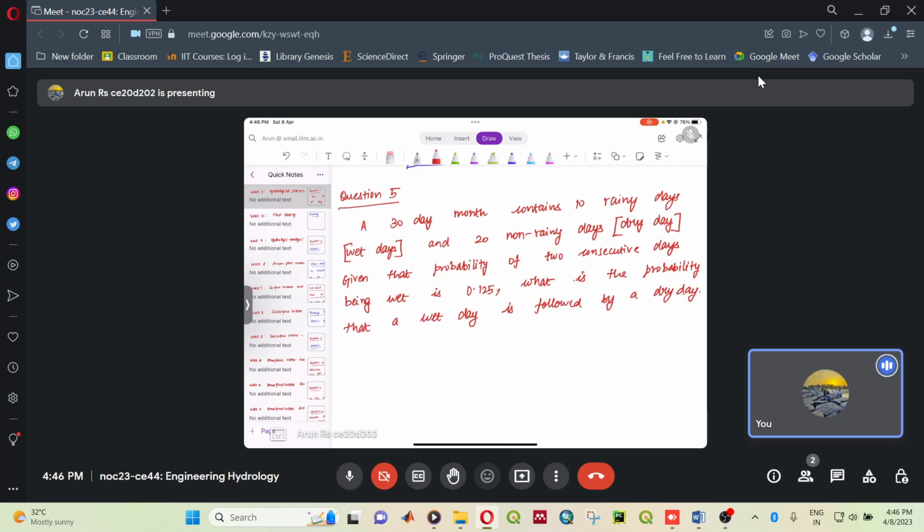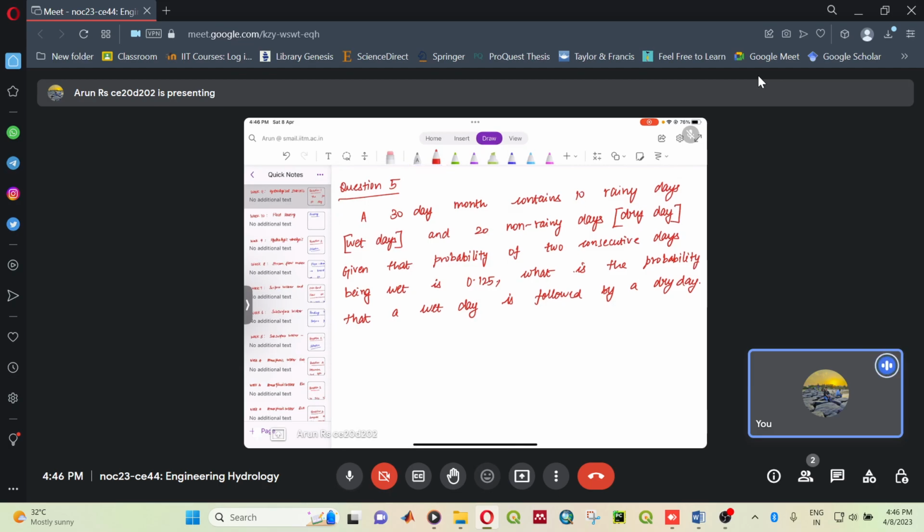So we'll move on to question number 5. The question is: a 30-day month contains 10 rainy days, which can also be called wet days, and 20 non-rainy days, which are called dry days. Given that the probability of 2 consecutive days being wet is 0.125, what is the probability that a wet day is followed by a dry day?